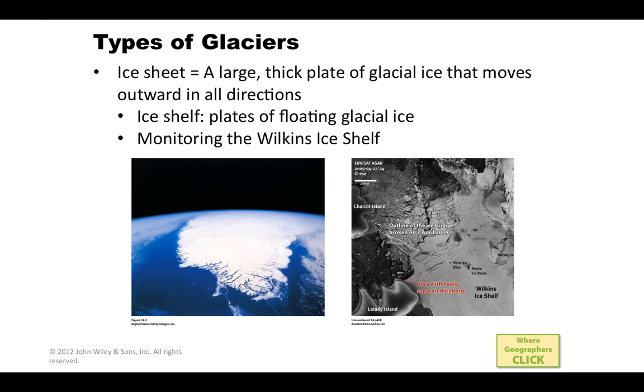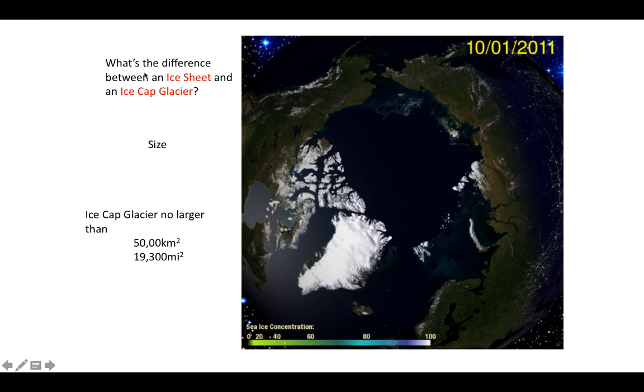It moves outward in all directions, as opposed to an ice shelf, which is a plate of floating glacial ice. So floating glacial ice versus an ice sheet. I'm going to show you the difference in just a minute, but what we're looking at is covering a landmass, possibly covering landmass plus floating on water. So a big difference between an ice sheet and an ice cap is size.